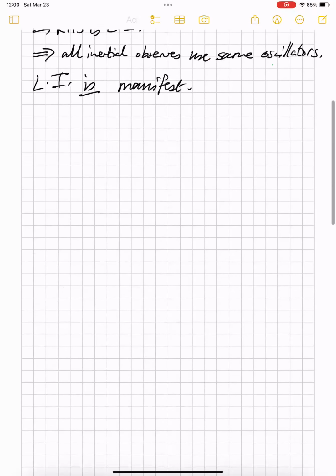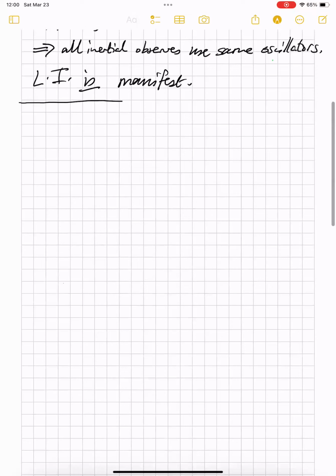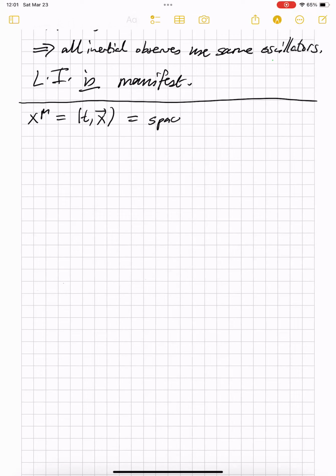The next thing I wanted to discuss: imagine that you have a vector, x mu, so some time and some position, and let's imagine that this is a space-like vector. So what do we mean by that?